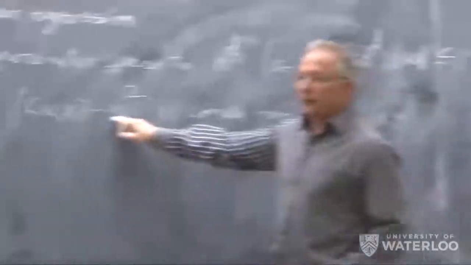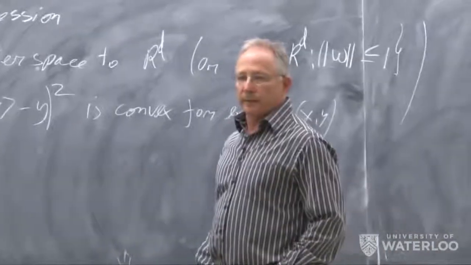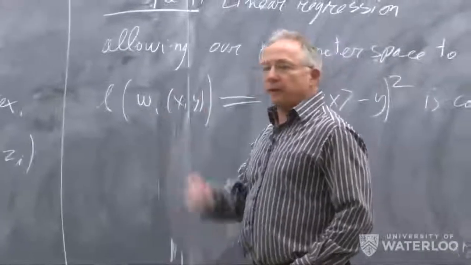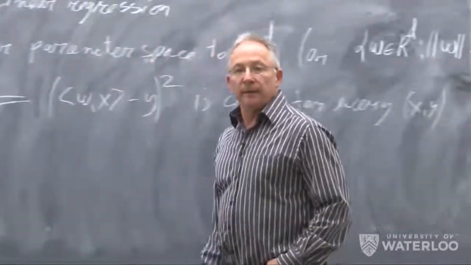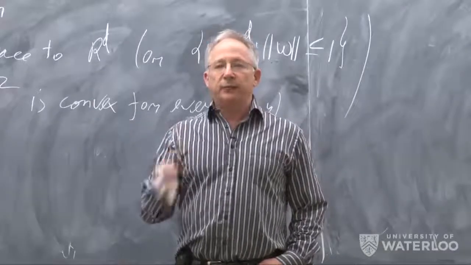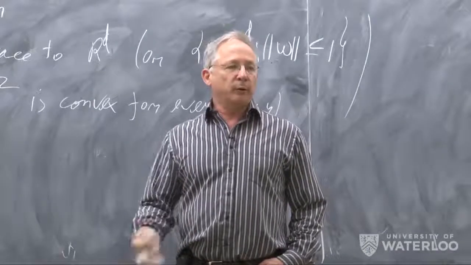That is also something that we've seen last time. So the conclusion is that if we're doing linear regression, ERM, trying to find the line that best fits this training sample, is a convex problem.